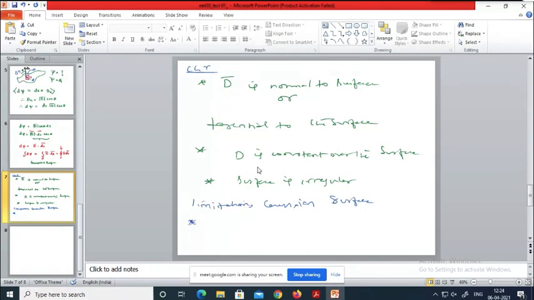On some surfaces, D will not be constant, it will be varying, and on some surfaces, D will not be normal to the surface. So this is the distinction between D being constant as well as normal. D has to be constant, and D has to be perpendicular to the surface.